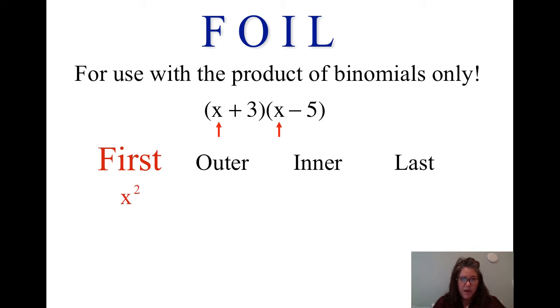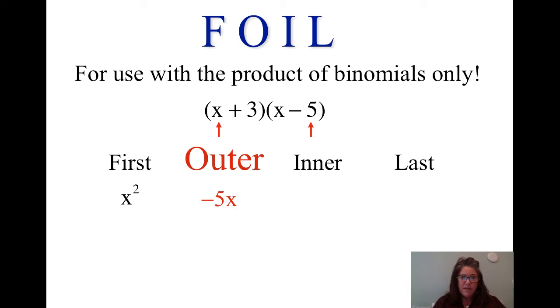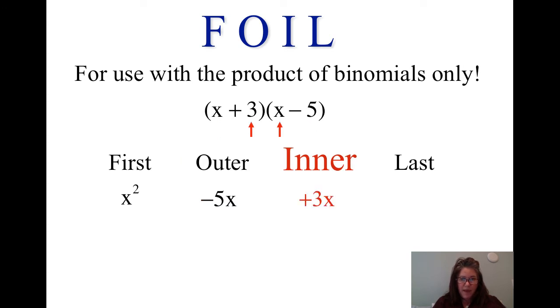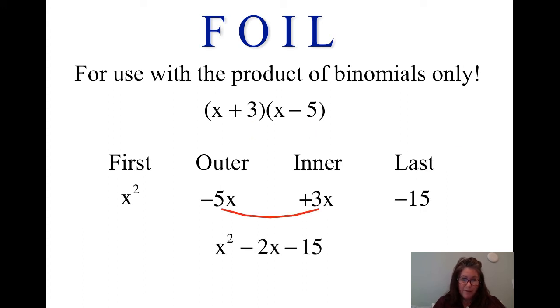When I multiply the outer terms, the x on the outside and the negative 5 on the outside, I get negative 5x. When I multiply the inner terms, 3 times x, I get 3x, and the last terms, positive 3 and negative 5, I end up with negative 15. Combine my like terms in the middle, the two linear terms, and I get x squared minus 2x minus 15.